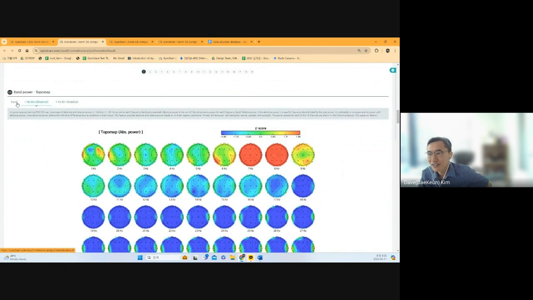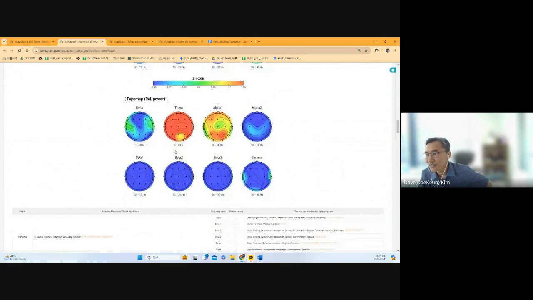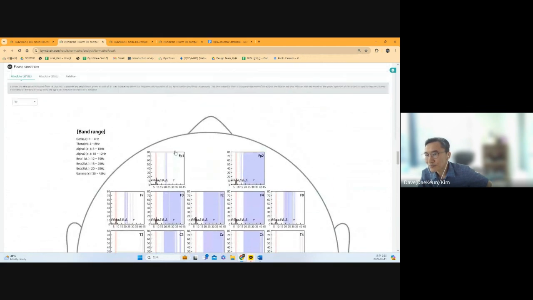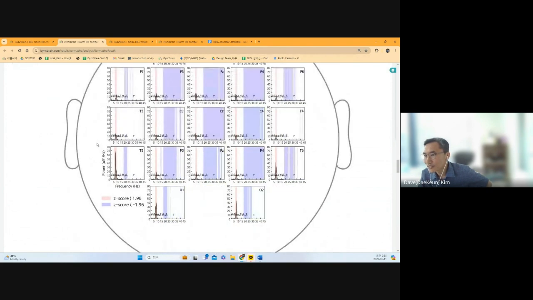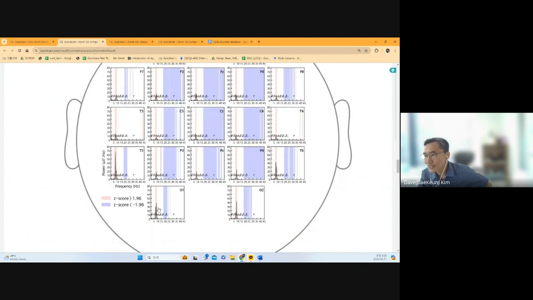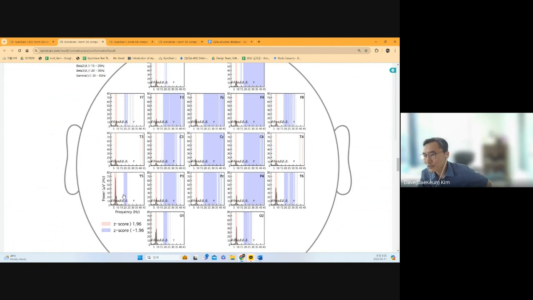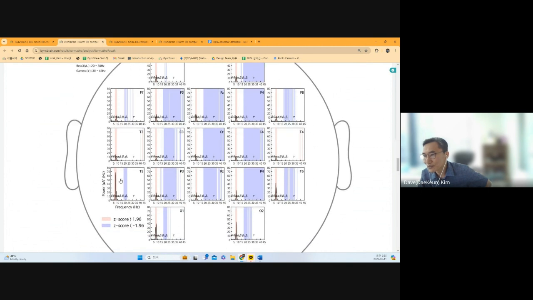And then we can also see the spectra. Usually the O naught should be greater, but in this case, the T5 amplitude is larger, and this is an abnormal sign.